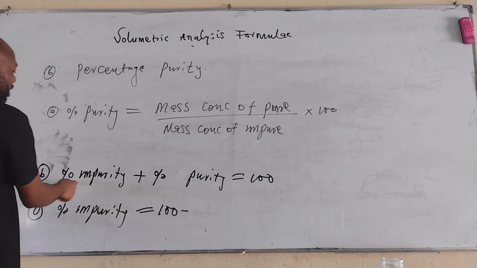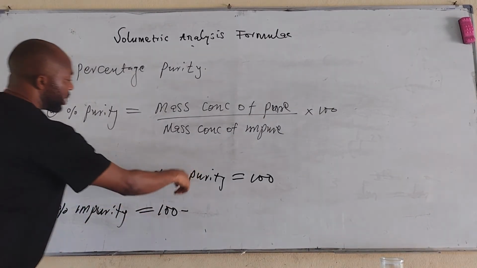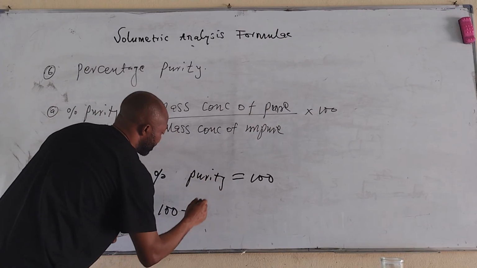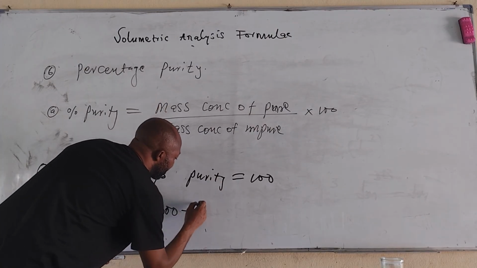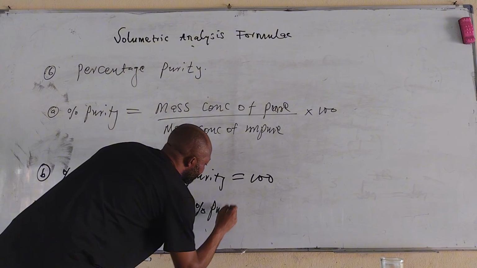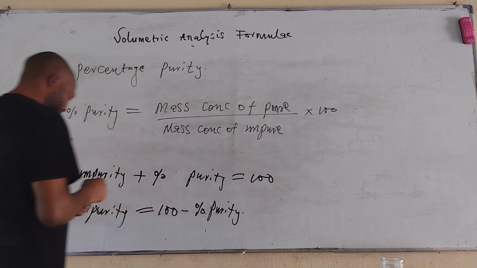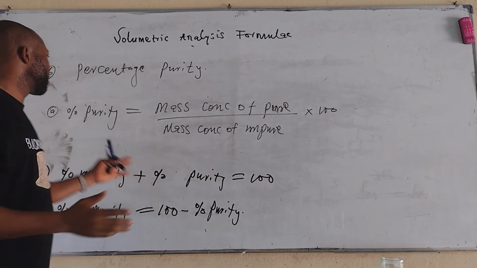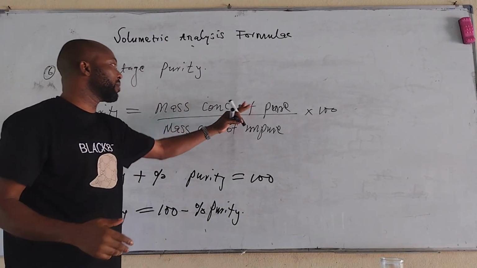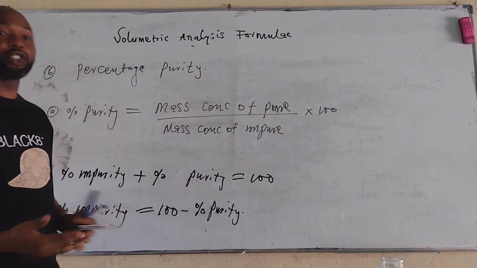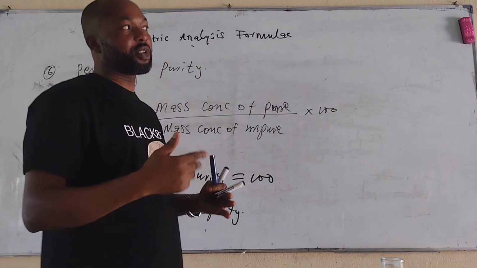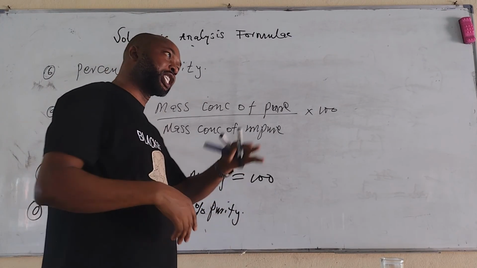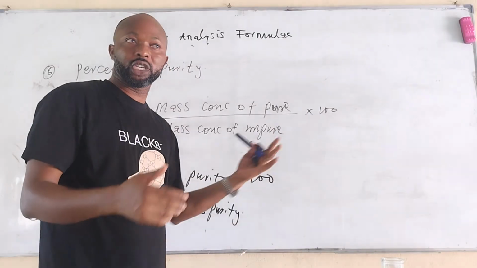So for me to get my percentage impurity, it becomes 100 minus percentage purity. Remember, for you to be able to apply this, you must be able to calculate the mass concentration of the pure sample. It will be given to you that the mass concentration of the pure sample is this, or the impure sample is this. As the case may be, one must be given, you get the other one.